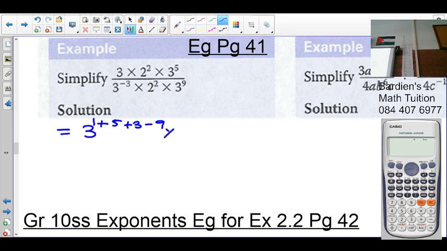Times 2, and the 2 is being squared, and then plus minus 2. So it becomes 3. We add the exponents here. 1 plus 5 is 6, plus 3 is 9. 9 minus 9 is 0. Times 2 minus 2, 0.